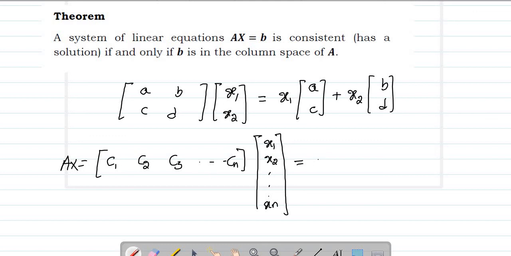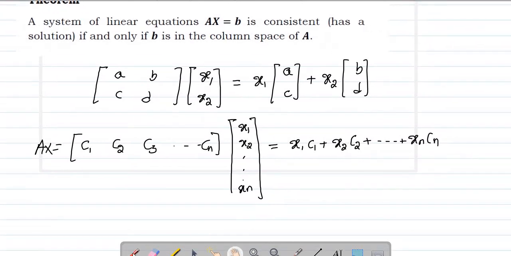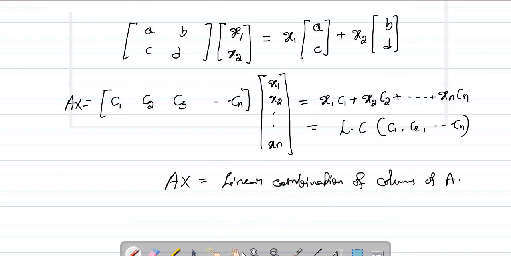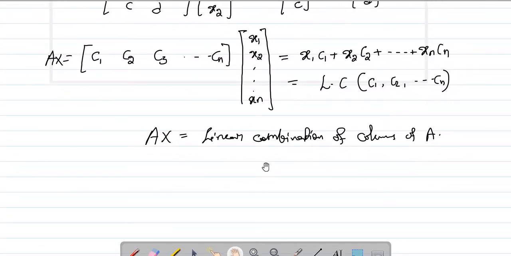Multiplication is defined this way: x1 times the first column plus x2 times the second column plus and so on plus xn times the last column. What I observe here is a linear combination of these columns C1, C2 and so on Cn. So now it is clear that Ax is nothing but a linear combination of columns of A.